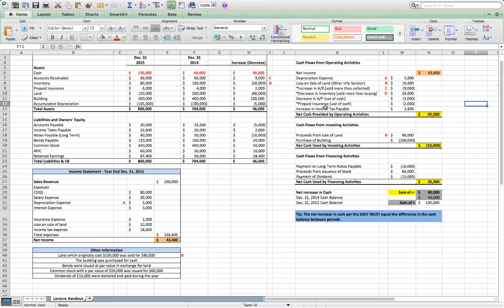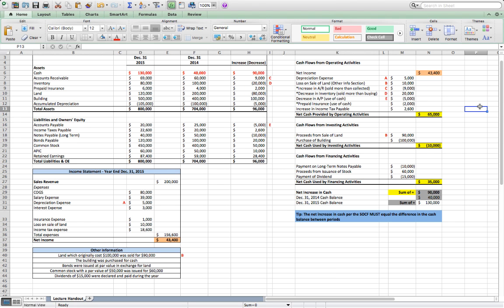Next, we go to the decrease in accounts payable. For liabilities specifically, it's a little differently than how they work for the assets, like accounts receivable.